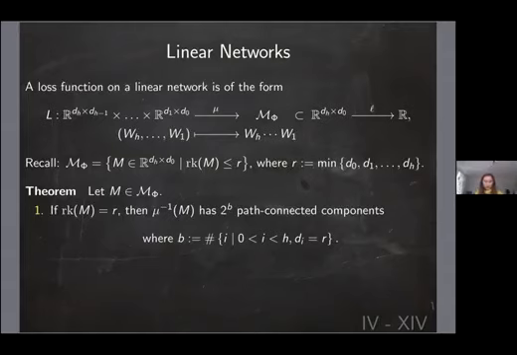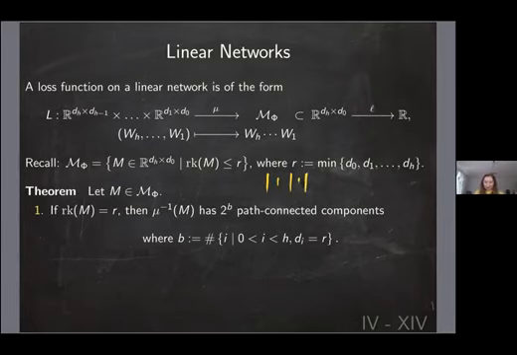And so what is this number b? I gave you the definition, but I can maybe draw a tiny picture to make it clearer. b just counts how many layers in the network have width r.